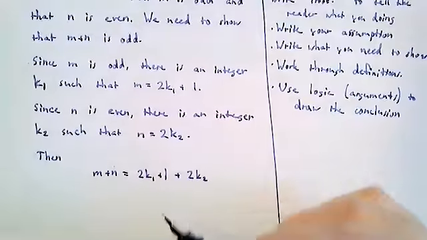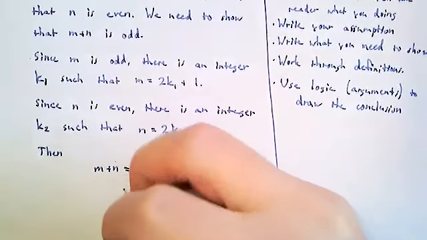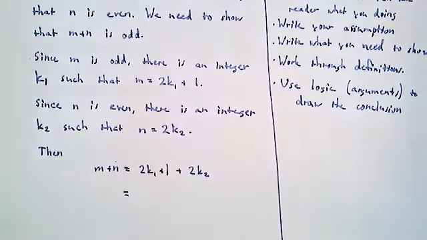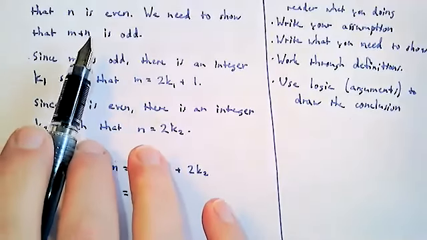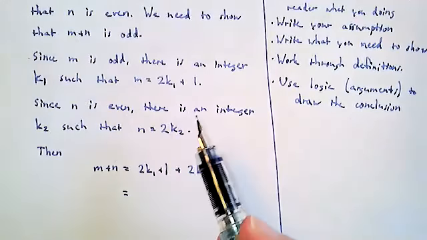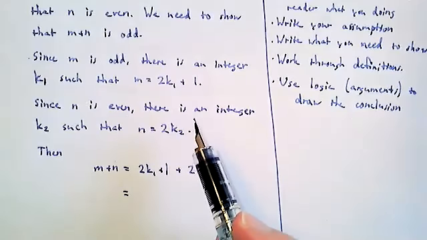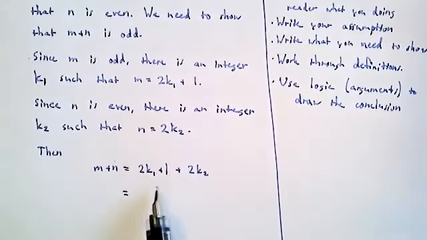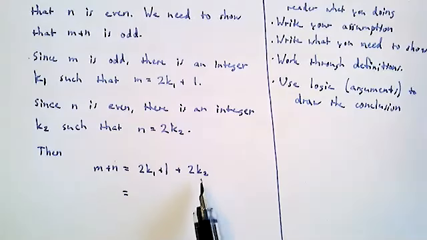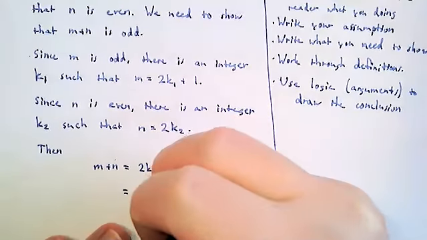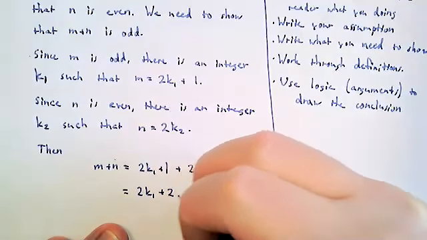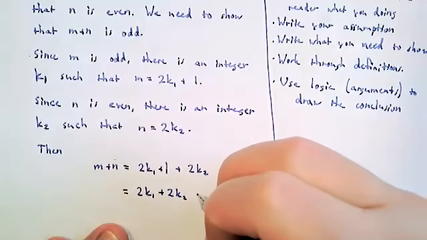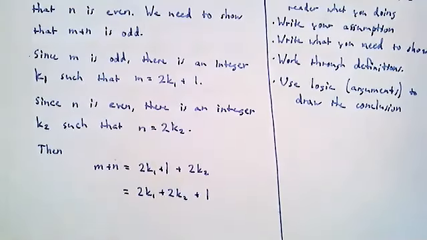And I want to continue working on the next line. And since I know where I need to get to, I need to write m plus n as 2 times an integer plus 1. That means I want to collect all of these even pieces, let's call them, all these multiples of 2 into a group. So this is starting to look a little bit better.